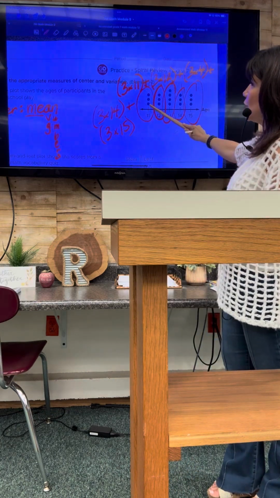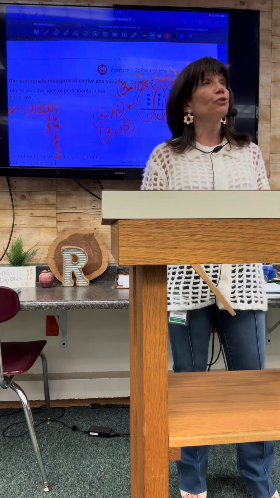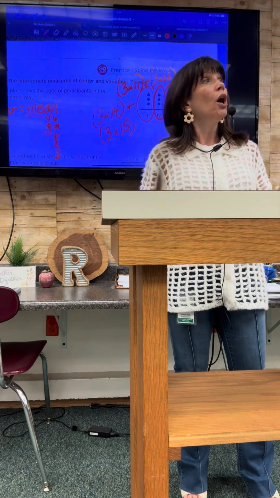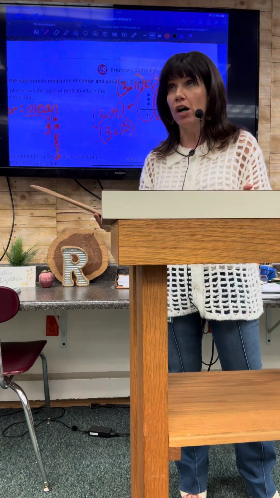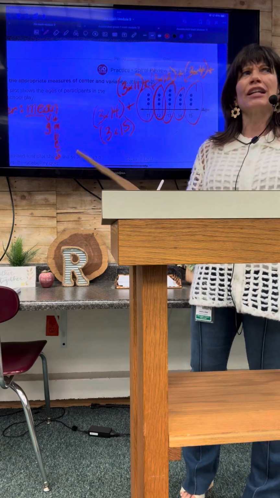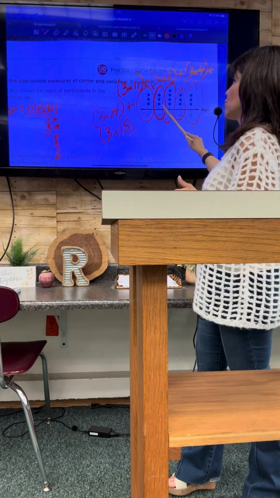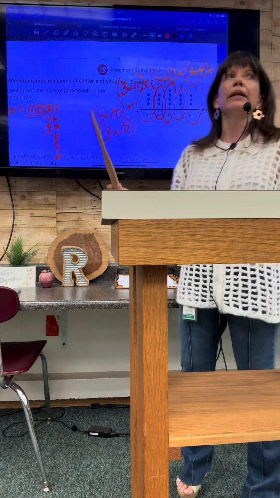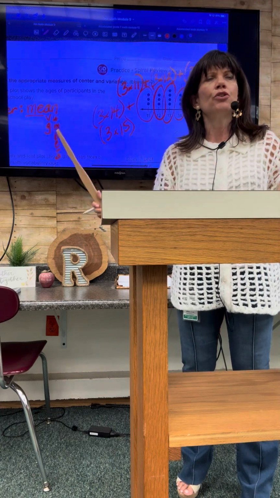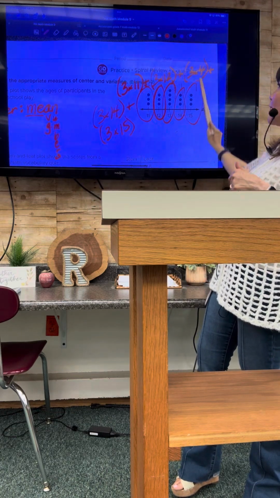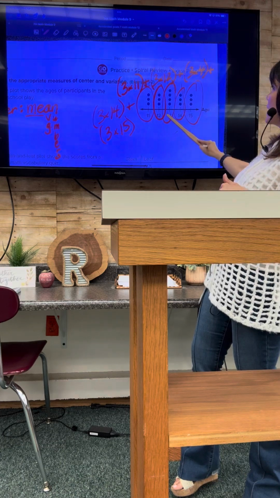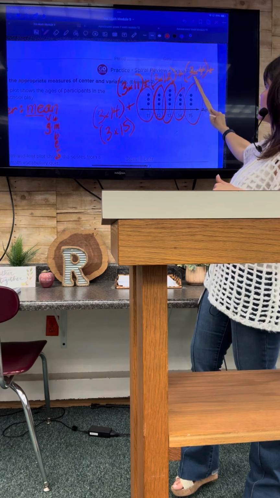Do you understand that each of those dots represents an 11-year-old child? And that you are responsible to add up all these ages, so the number of years old they are. Don't you agree, instead of doing 11 plus 11 plus 11 plus 12 plus 12 plus 12 and so on, let's stop already, right? Don't you agree you would rather do 3 times 11 plus 3 times 12 plus 4 times 13? Did I write that wrong? Yes, I did.